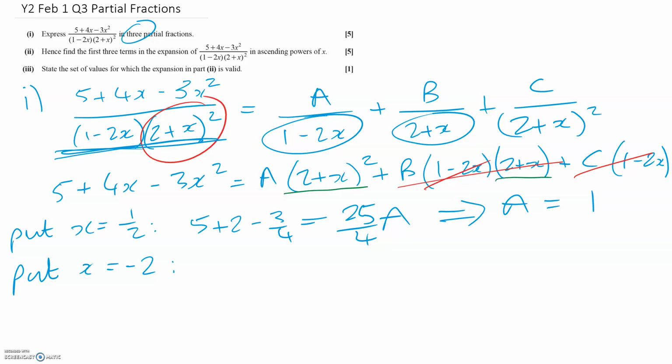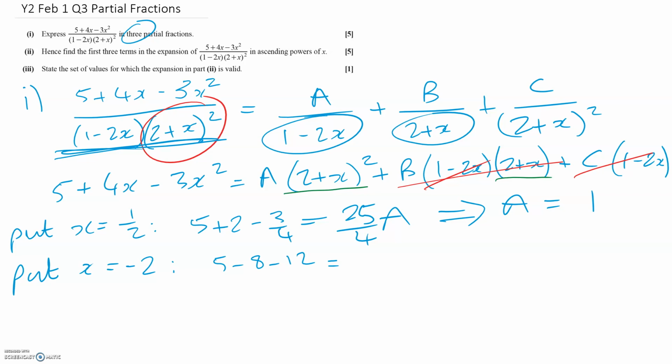So we'll be able to find out what C is. The left-hand side will be 5 minus 8 minus 2 squared, which is 4, times 3. That'll be minus 12.